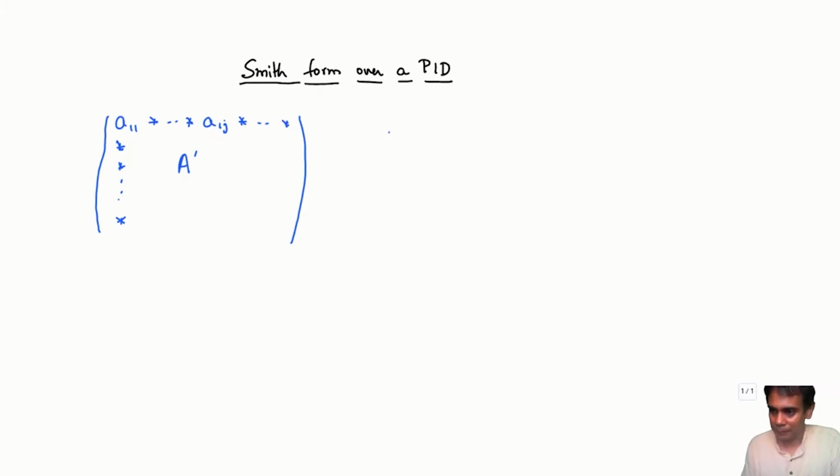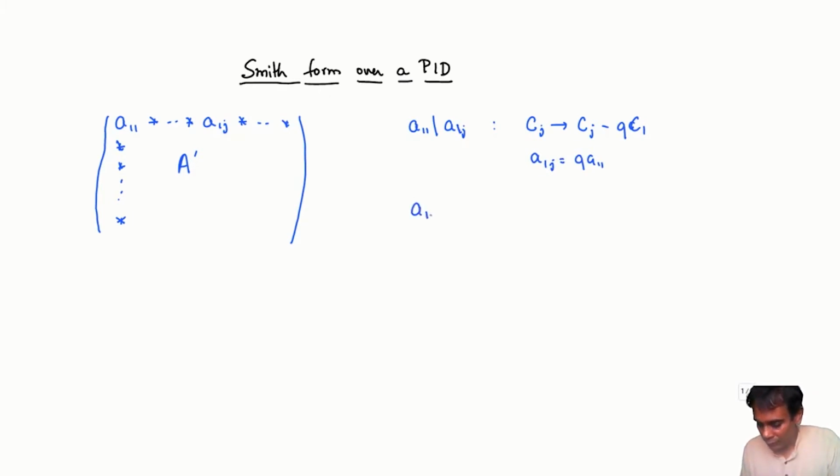So we had the case where if A11 divides A1j, then you just do Cj goes to Cj minus Q C1, where A1j is equal to Q A11. But if A11 does not divide A1j, then what we did was we used the Euclidean algorithm.